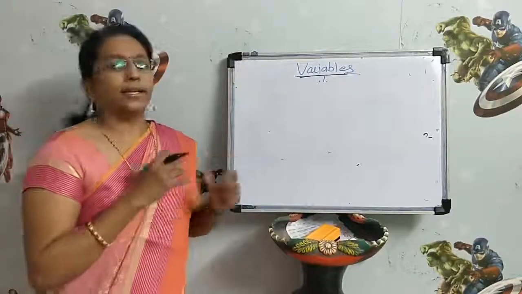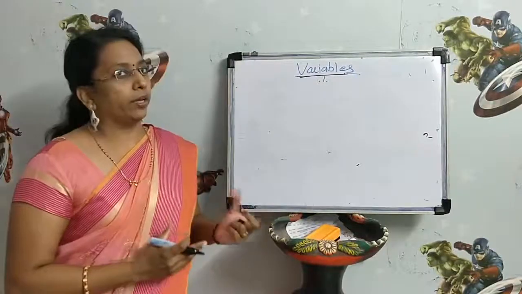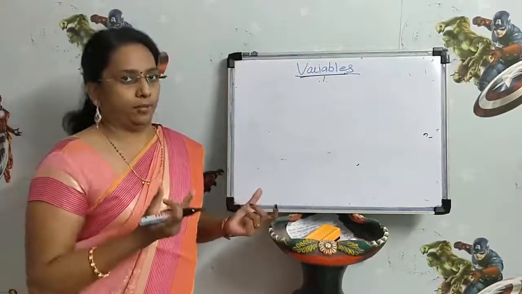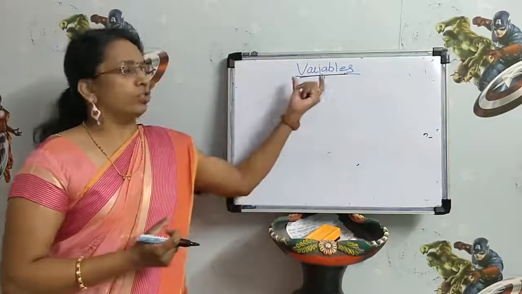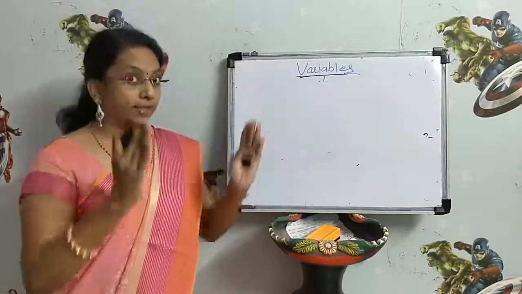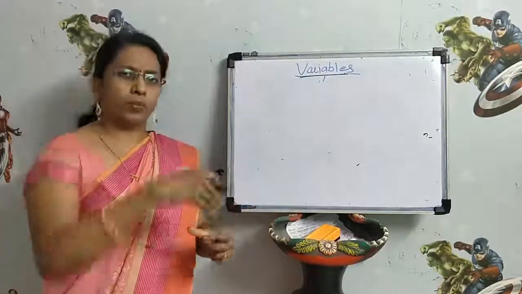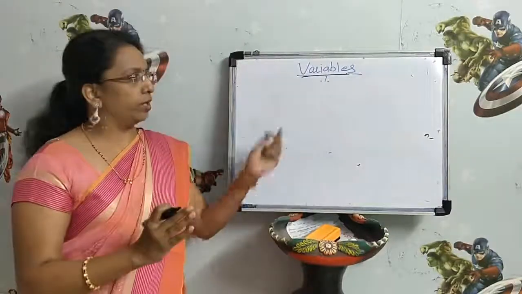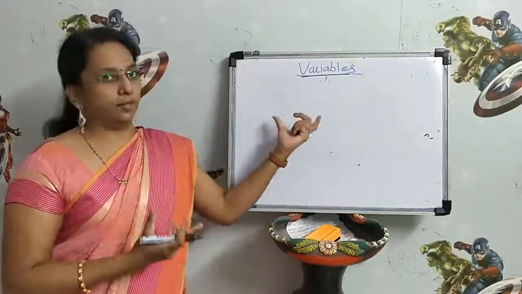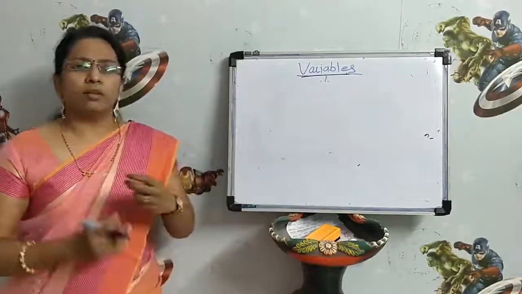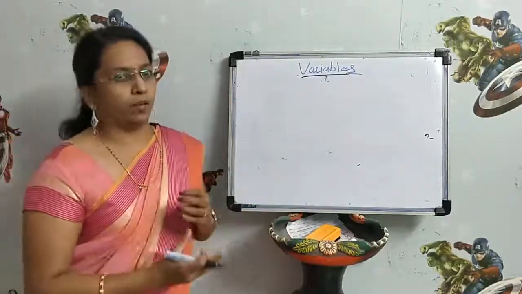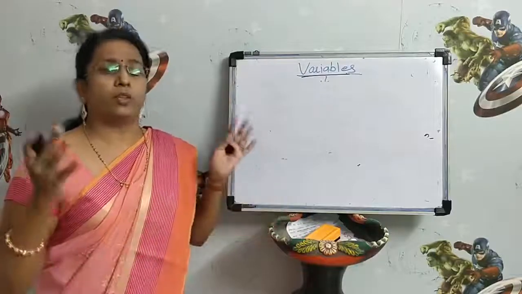Now to understand this topic more clearly, I want to give you a real-time example. Just imagine this variable as a container, where you can put something. In general, in Java programming or any programming, whenever you develop software, there is a lot of data.